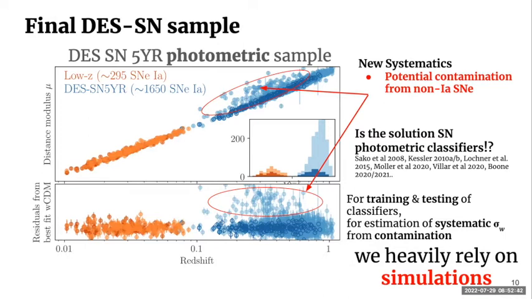And we need to somehow quantify how they affect our cosmology. The cosmological measurements from the implementation are very good, but they're not perfect, so we need to know how badly they can affect our cosmology.